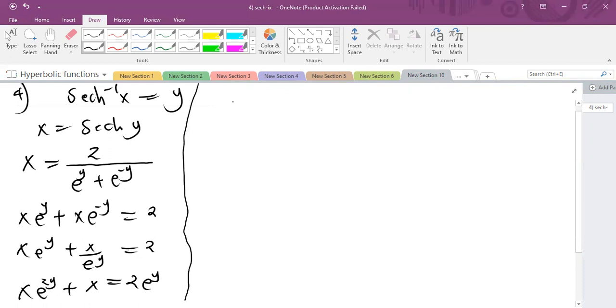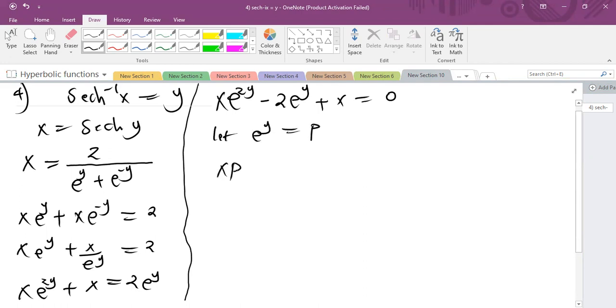So rearranging it nicely so that you can see, this is x exponential 2y minus 2 exponential y plus x is equal to 0. So let the exponential y be equal to some p. So this gives xp squared minus 2p plus x is equal to 0.